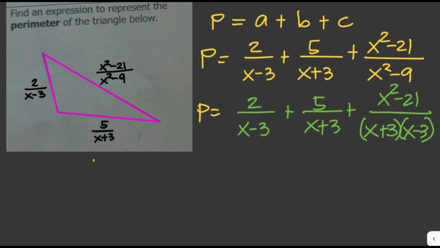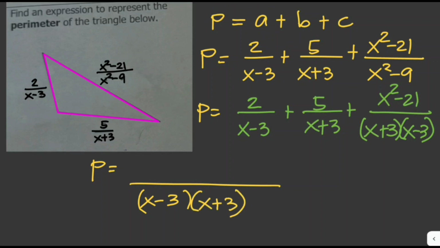Then our perimeter would be, alright, we need to combine everything and get the LCD. The LCD would be x minus 3 times x plus 3. x minus 3 times x plus 3 divided by x minus 3 is x plus 3, times the numerator 2, plus x minus 3 times x plus 3 divided by x plus 3.